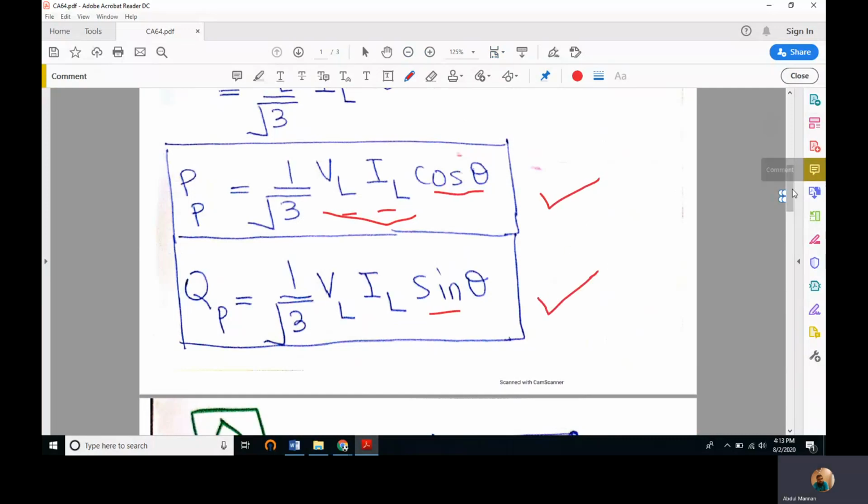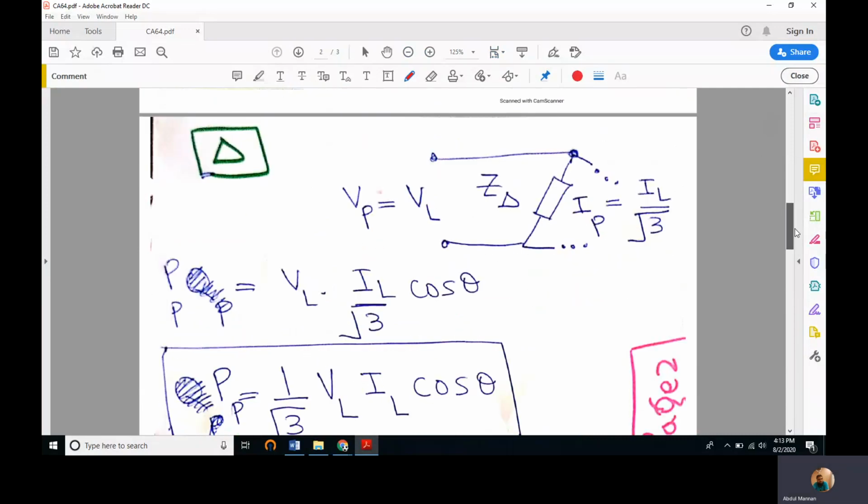Let's see how. We start from the same point, that per phase power is V phase times I phase times cosine of theta.